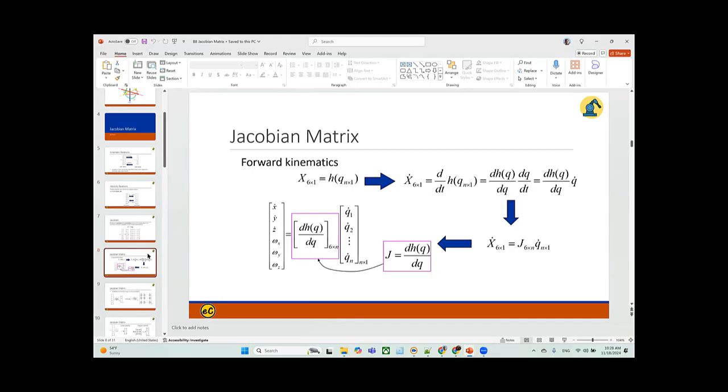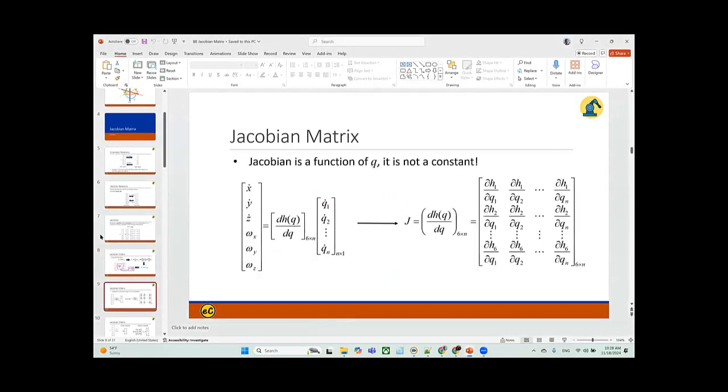So this actually is from your state variable to calculate your workspace variables, and that requires the partial differential equations.